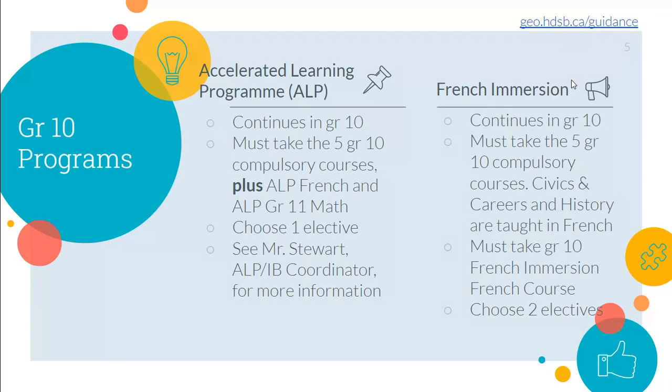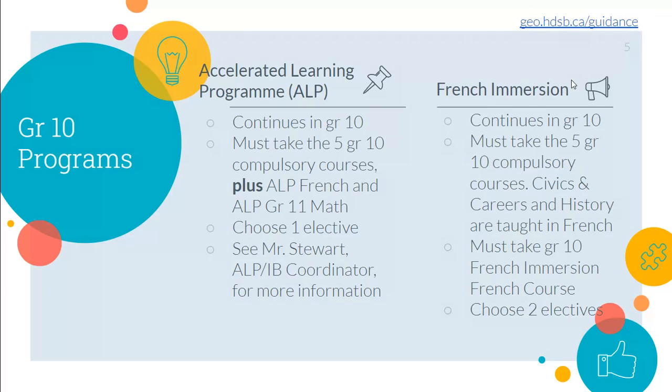This is effectively a pre-IB math course that all students will take in the grade 10 year of the ALP program, I should say. You will then choose one elective, and I'll go over those elective options shortly. If you have any questions about the ALP, you can talk to Mr. Stewart, who is the IB and ALP coordinator, and his office can be found in the special education office just behind the guidance office.